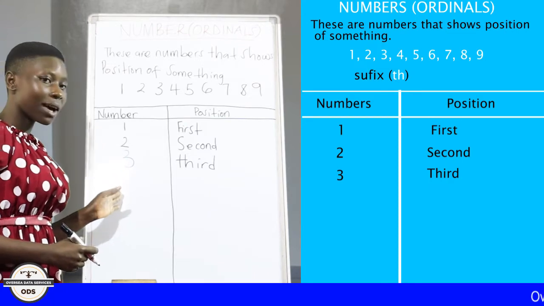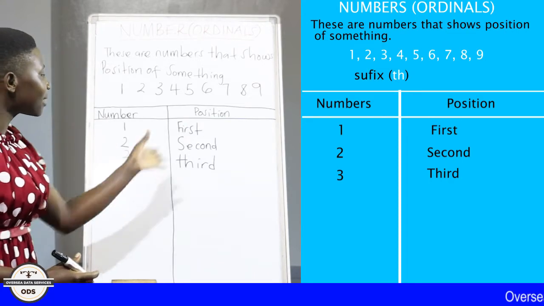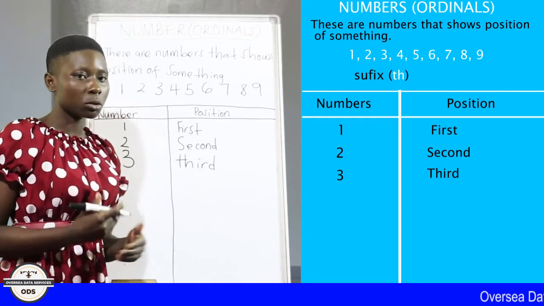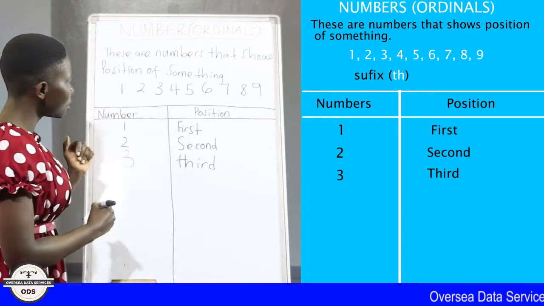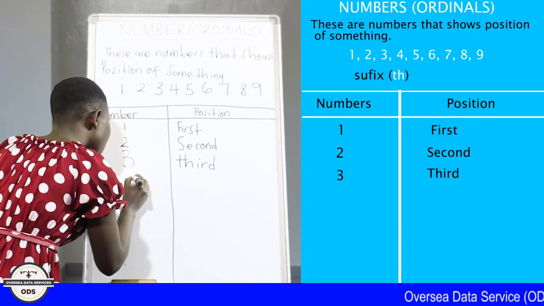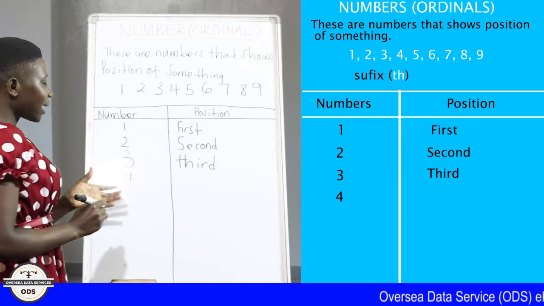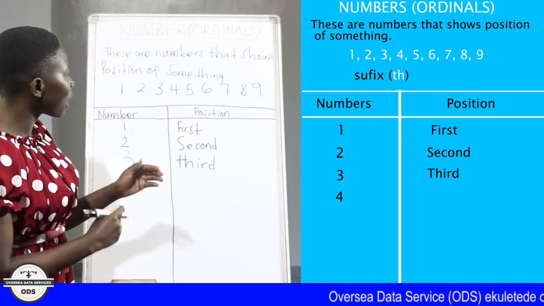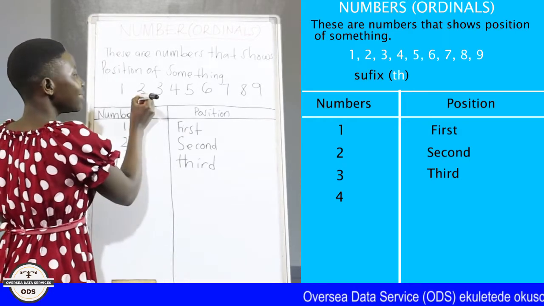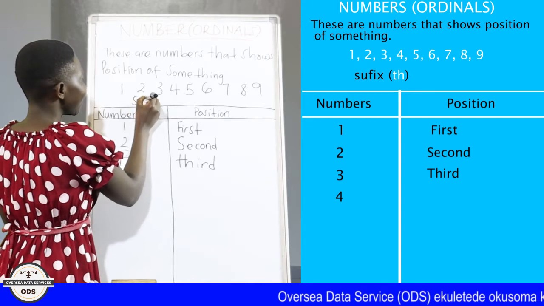This side we are having numbers, then we will see how we position each number. Okay, let us continue. Number 4. For number 4, we start adding our suffix th.